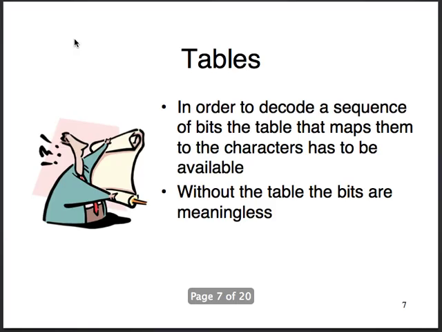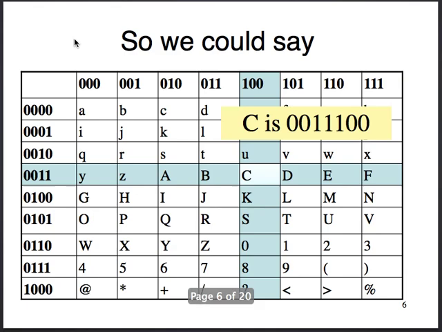But in general, in order to decode a sequence of bits, the table that maps the bits to characters has to be available. So if I'm going to transmit messages from here to there, and it's going to be 7 bits per letter, well, myself and the receiver, we have to agree on what the bits are going to mean.